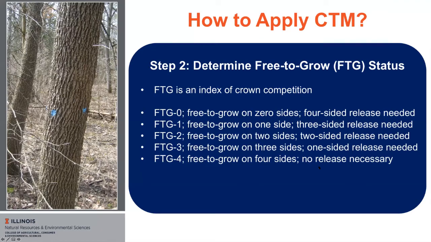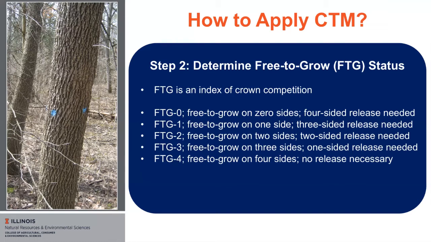So step 2 in applying crop tree management is we need to determine the free to grow status. Free to grow is basically an index of crown competition. Again, with crop tree management, we are specifically focused on crown competition. And basically we have rankings, right? We have an index. So FTG 0, or free to grow 0, indicates a 4-sided release is required for that crop tree.